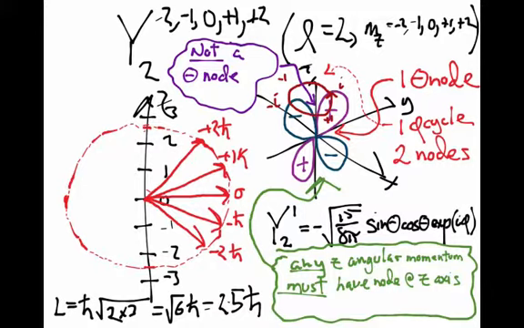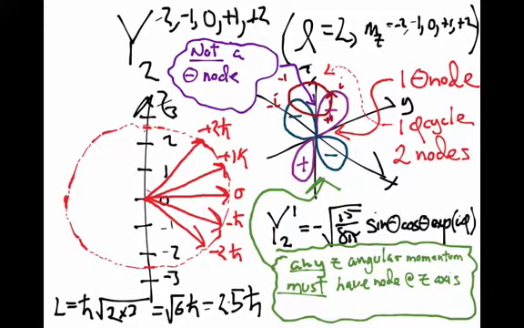That's a requirement. And one of the reasons I'm stressing this is I am going to want you to be able to basically sketch what these functions ought to look like. I am going to want you to be able to think through what the quantum numbers must be if you see a certain kind of function.